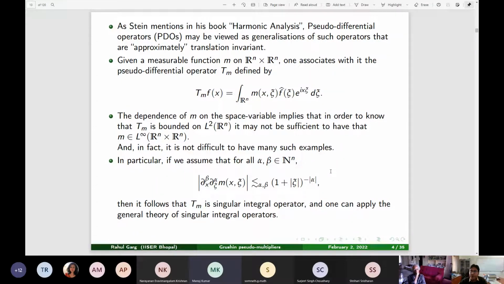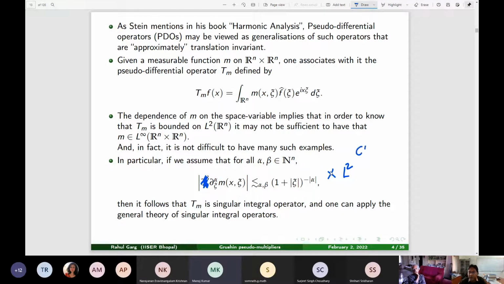And this is where I have a small remark: if you want to leave out derivatives in x, so suppose you are telling, like Hörmander's condition, that all the derivatives in the xi variable are decaying, like each time you take a derivative you produce a -1 decay at infinity, and you leave out what is happening for the derivative in x, then you have an example where this will not be L2 bounded.